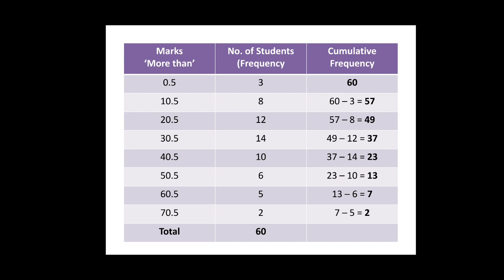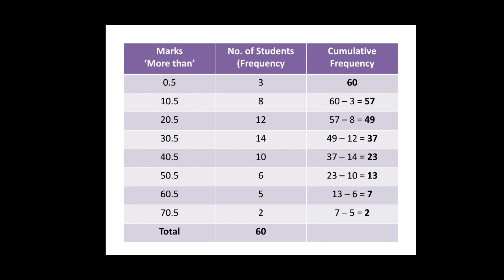which is also the cumulative frequency of the first class. We will get the cumulative frequency of the second class, that is 60 minus 3 is equal to 57. So 57 is the cumulative frequency of the second class. In order to get the cumulative frequency of the third class, we will subtract the frequency of the second class, which is 8, from the cumulative frequency of the second class, which is 57.